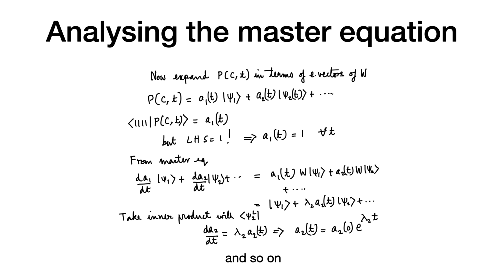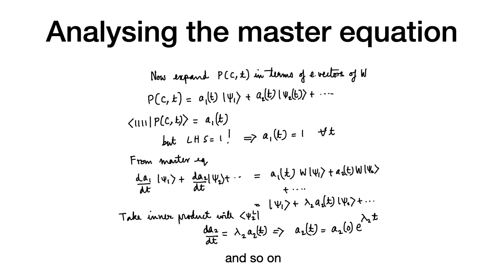It does not depend on time. So I cannot choose an initial condition in which A1 of t is 0, different from 1. Whatever vector I give, if I take the inner product with psi 1, I get 1. That is something that is not in quantum mechanics. There you can choose, okay, I will choose something only with psi 3. Not possible here. You have to choose A1 equal to 1.